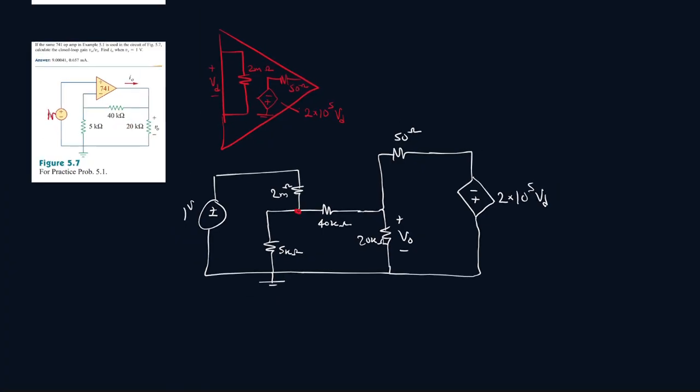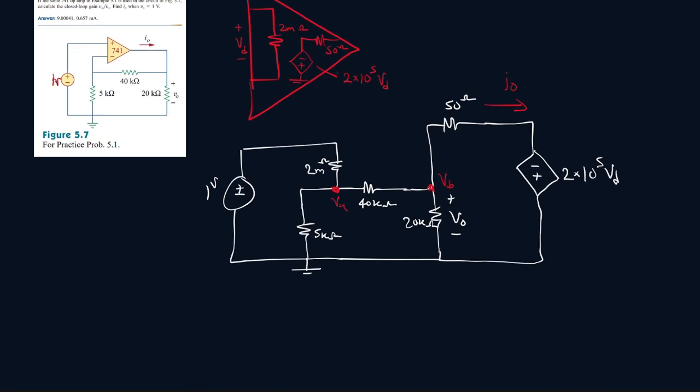so let's call this region VA, and let's call this region VB. So we know that there will be a current IO passing through here. Okay, so the IO is passing through here, so now it's going to be passing through here now. We're going to be doing nodal analysis. So let's have I1 be here, I2 be here, I3 be here, and I4 be here.